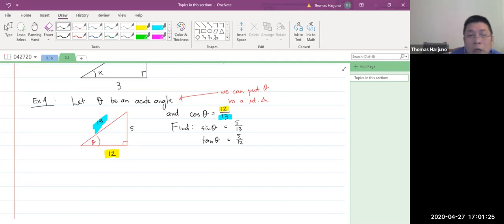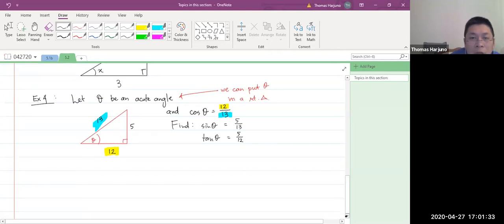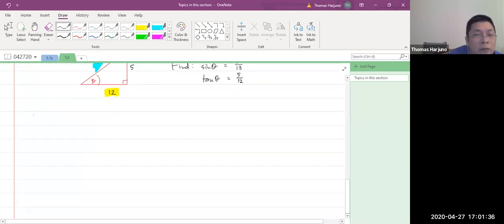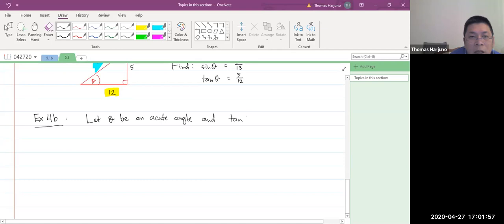Now, this kind of question is way too easy for you, but let me change the question a little bit. Let me call that example 4a instead of example 5, or example 4b. I change it to be like this. You try to do it. Let theta be an acute angle, and tangent theta equals x. You can see that as x over 1.